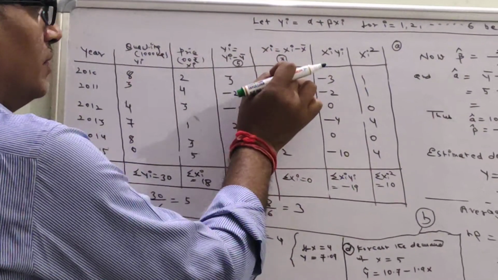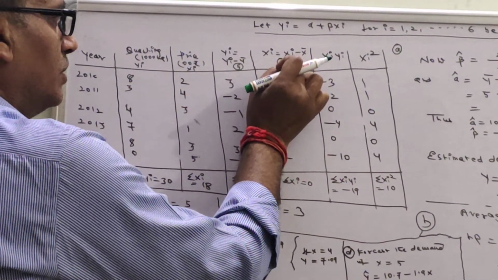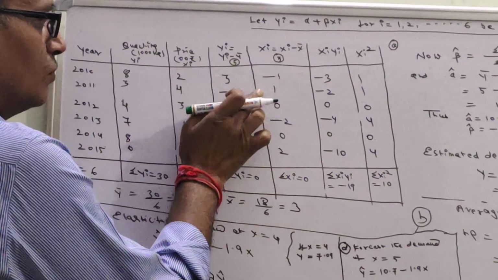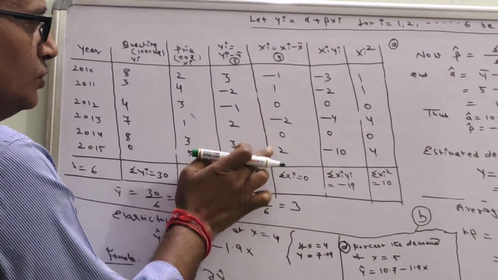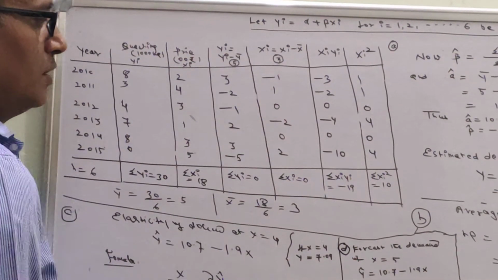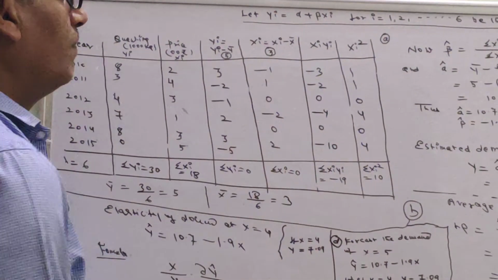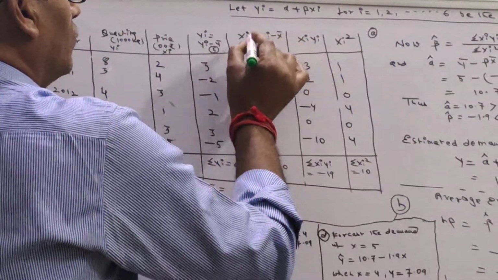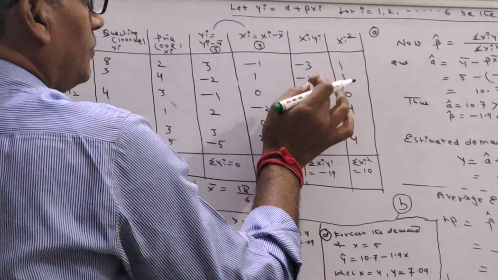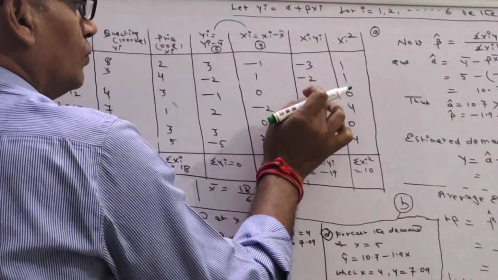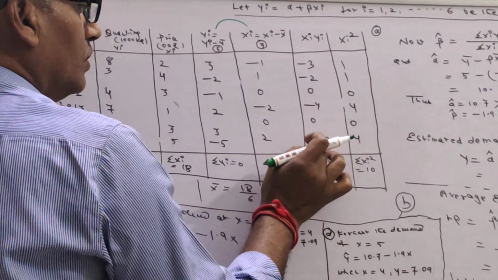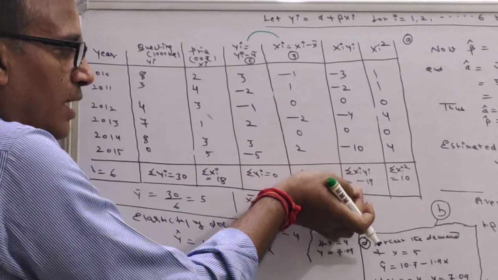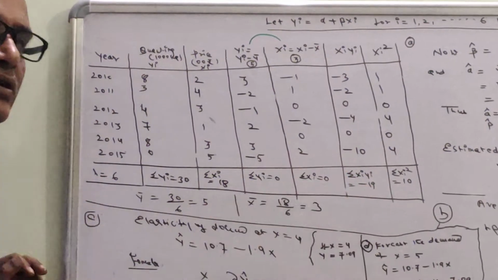Similarly, given x mean 3, then xi equal to xi minus x mean: minus 1, 1, 0, minus 2, 0, 2. This is also 0 here. And we will have to multiply xi and yi: minus 3, minus 2, 0, minus 4, 0, minus 10, to get sigma xi yi, that is minus 19.